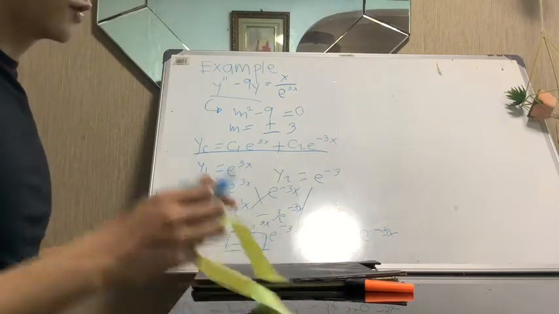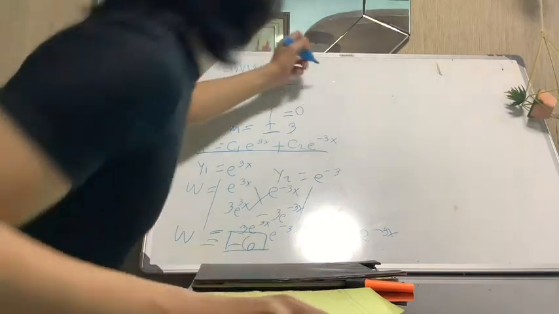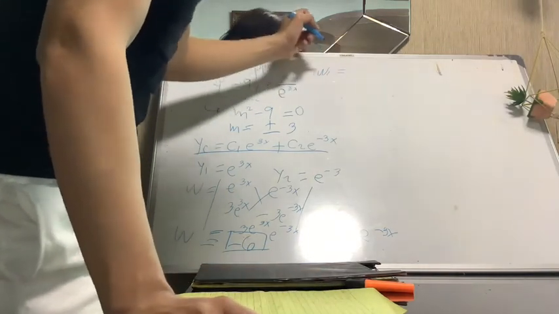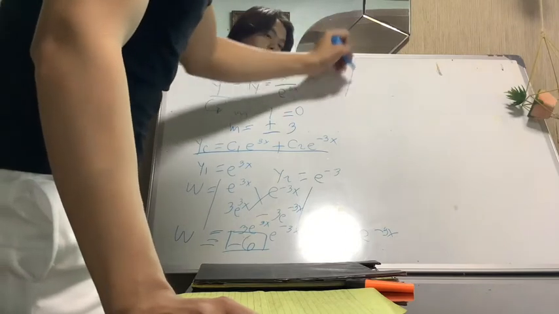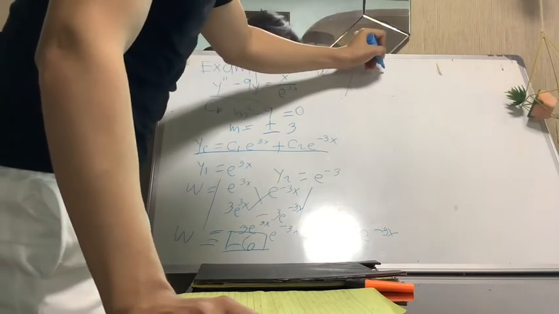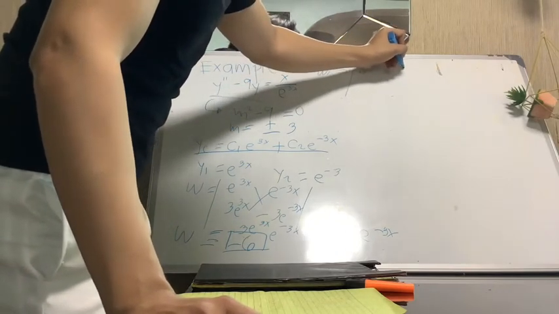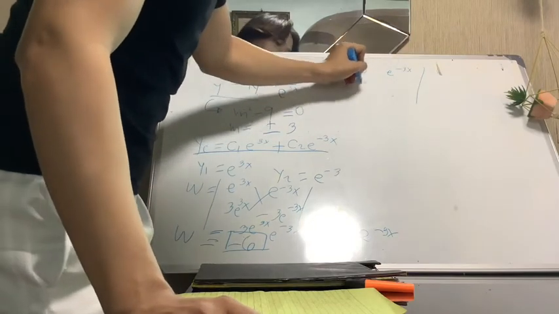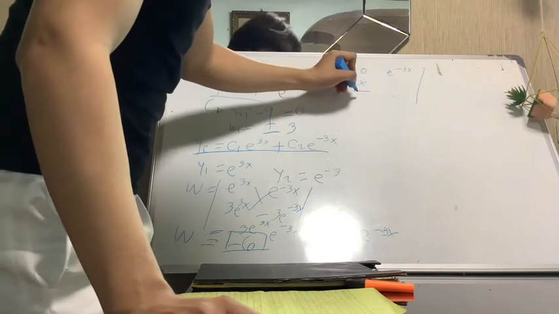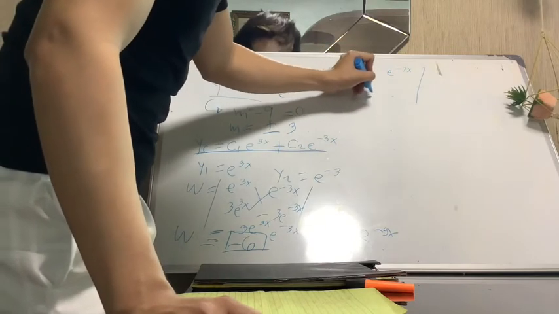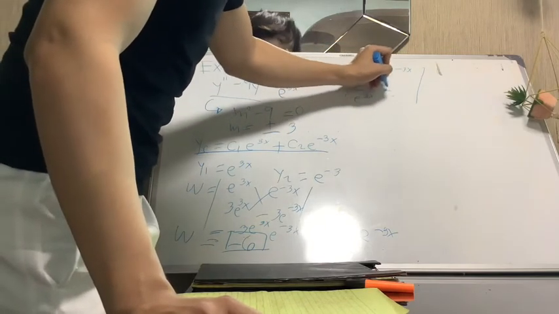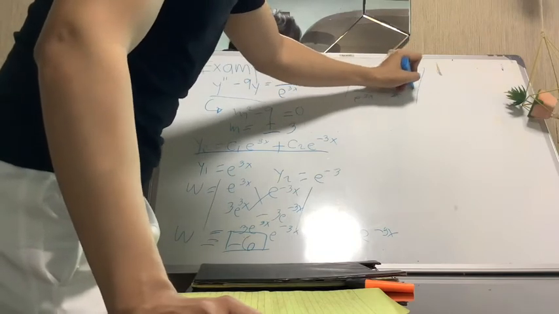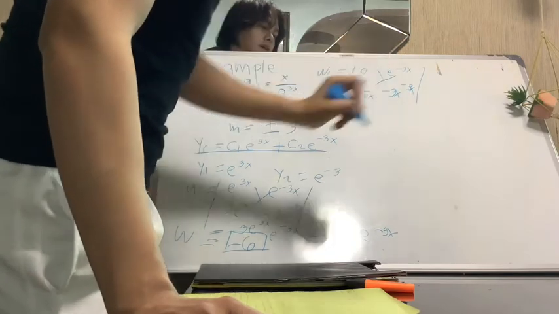And then let's get W1. W1 is 0, e^negative 3x, and then x over e to the 3x, and then negative 3e^negative 3x. Cross again.